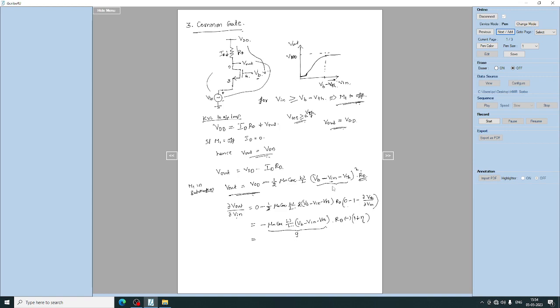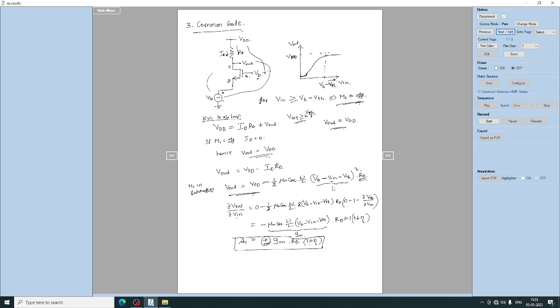So this will be GM. This plus and this minus become plus, and it is GM into RD into (1 plus eta). This is the small signal gain for the common gate amplifier. Note that here the gain is positive.